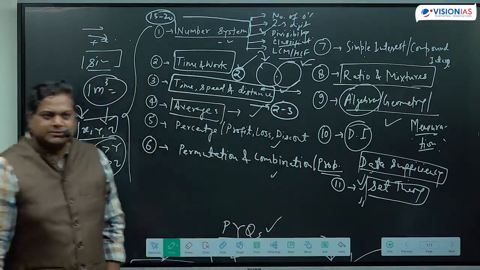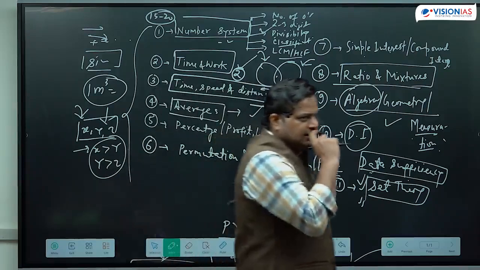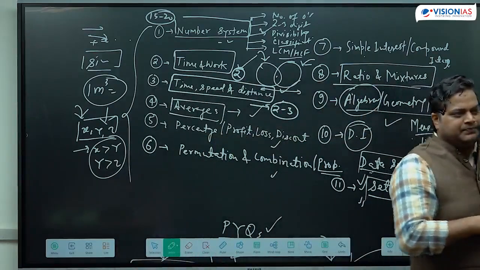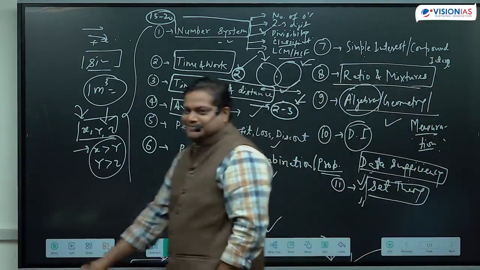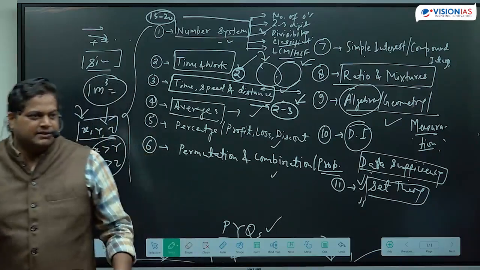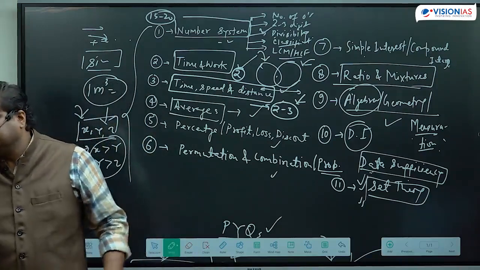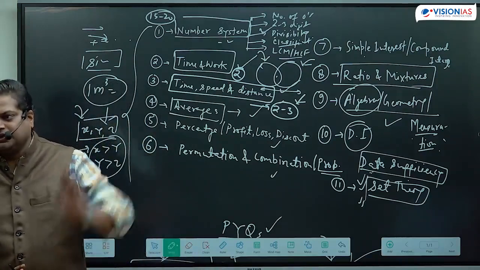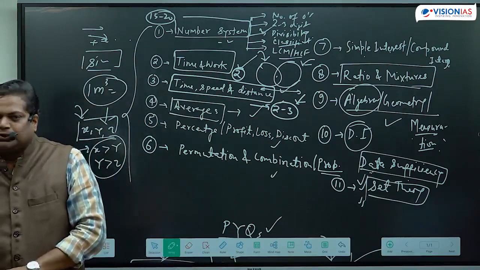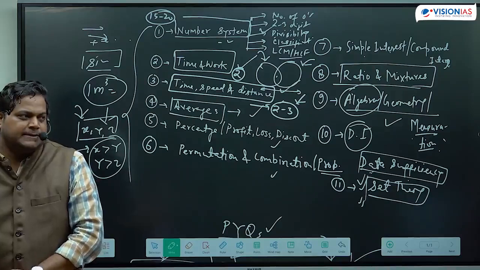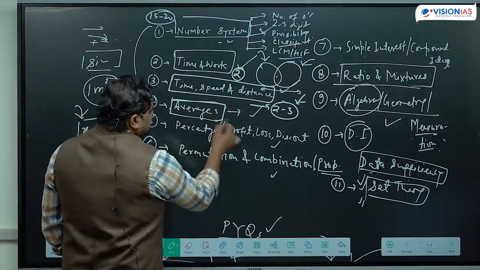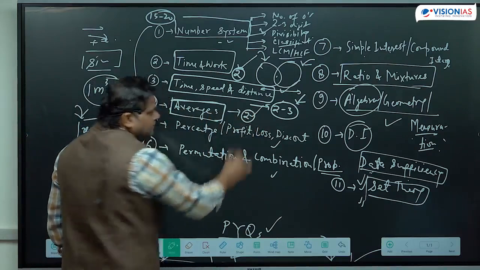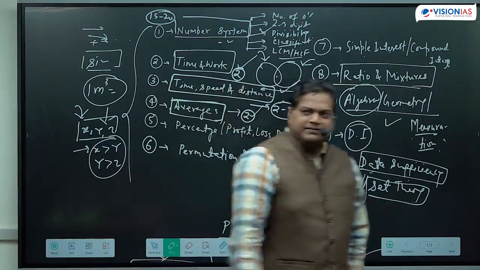But last 2 years, last year तो एक भी question नहीं था. इस बार भी question नहीं था time, speed and distance से. But earlier they were asking 2-3 questions every year, because there are so many topics. Then averages से 1 or 2 questions every year.